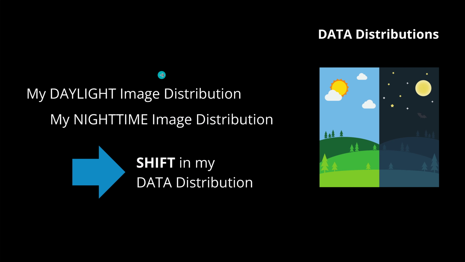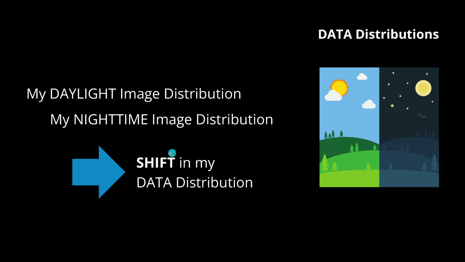So on this simple image, you see my daylight image distribution and my nighttime image distribution are shifted, are not identical, are not symmetrical, and maybe have no other higher symmetries. So I have a shift. And let's say I trained my LLM only on the daylight image distribution, and now I want to fine-tune my LLM with a training dataset of my nighttime images.